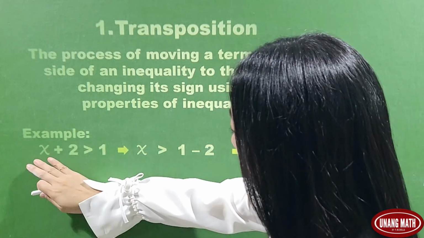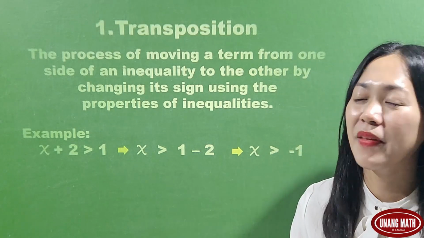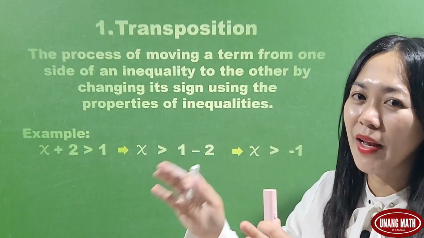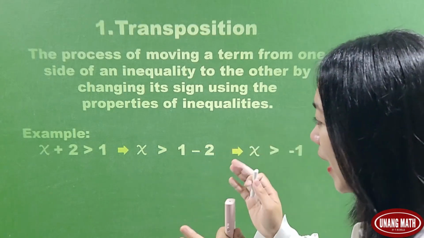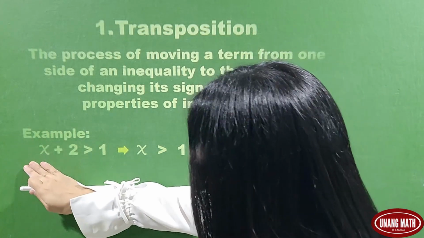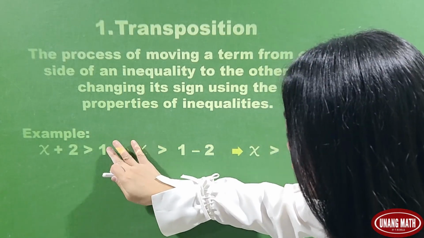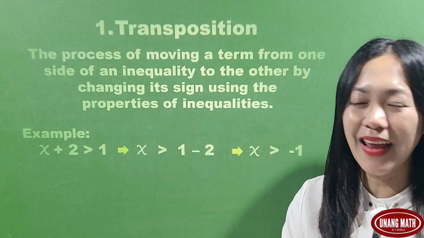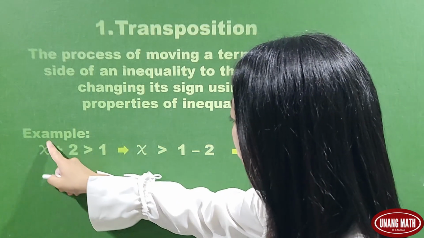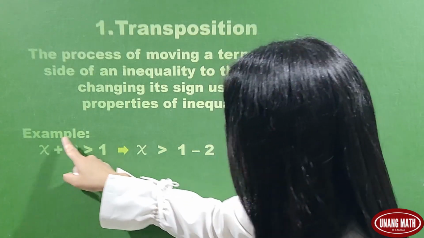We have this inequality x plus 2 is greater than 1. If we're solving an inequality, we have to aim to put the variable x on the left side of the inequality, and all the numbers should stay on the right side. Since we are looking for x in this inequality, we have to remove 2 on this side.